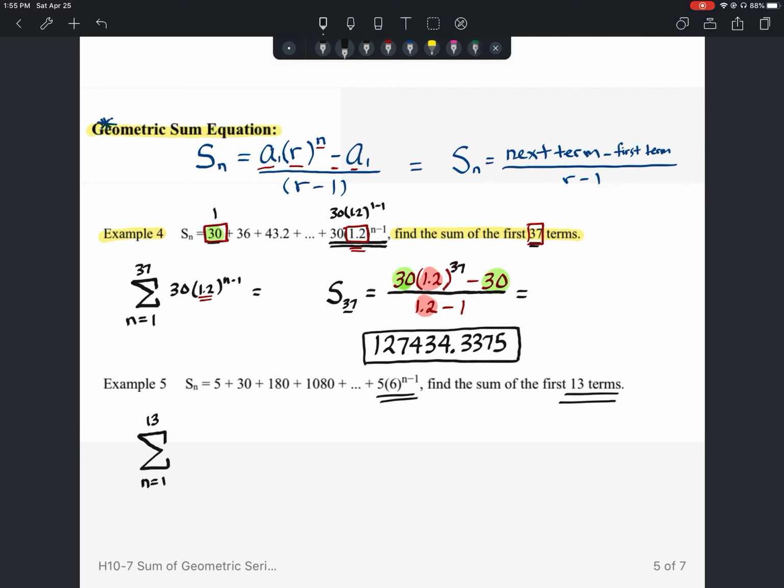If I plug in 1, 1 minus 1 is 0, 6 to the power of 0 is 1 times 5 gives us that first term. So we know that that works, and you do need to check that. So 5 times 6 to the power of n minus 1.